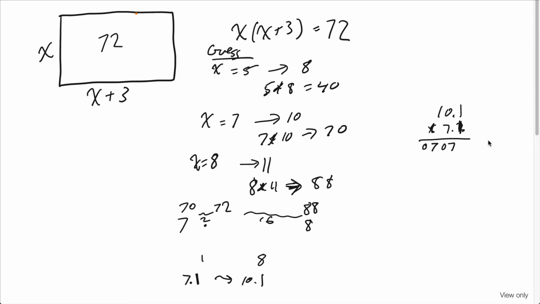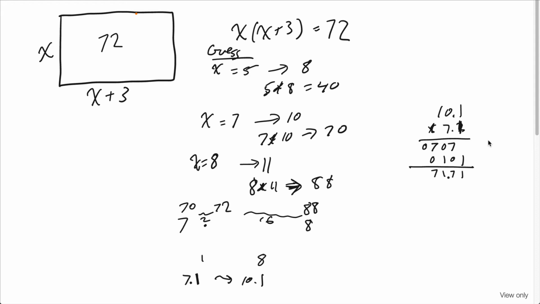I believe that's how that would go. And then the 1, 0, 1. All right. So that's 7171, 71.71.